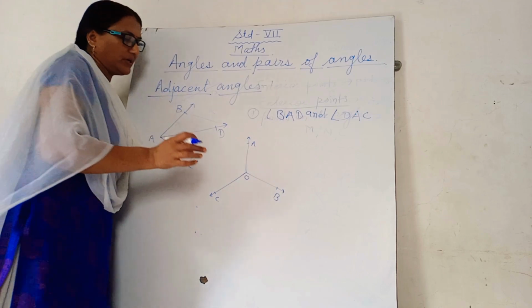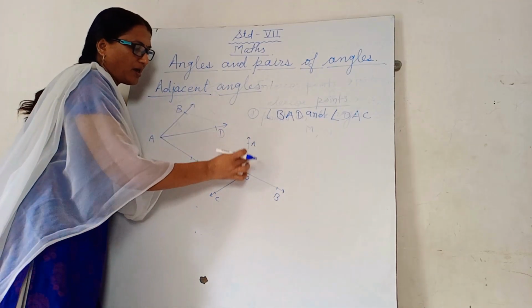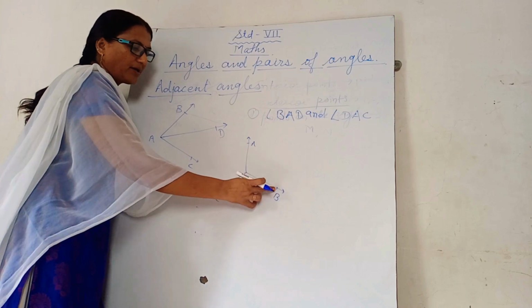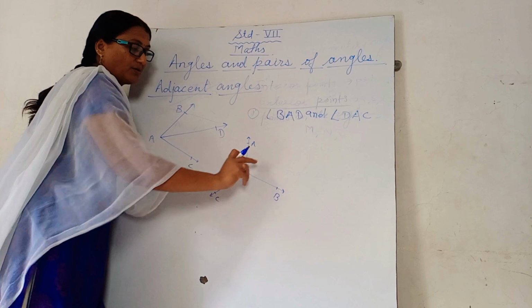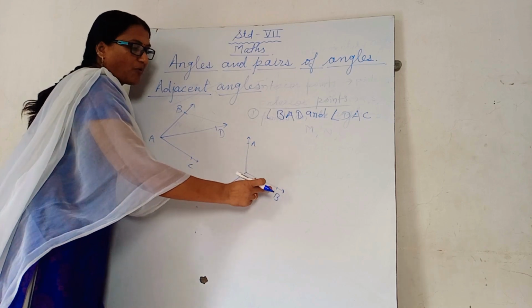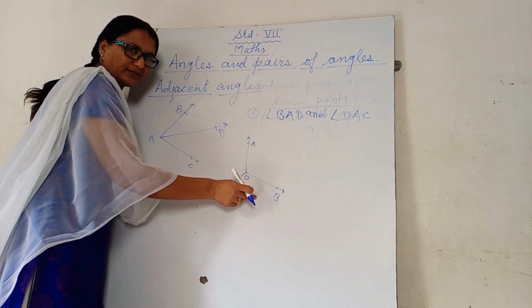Consider the pair of angles. Angle AOB and angle BOC are adjacent. Why? Common vertex, common arm and separate interiors.